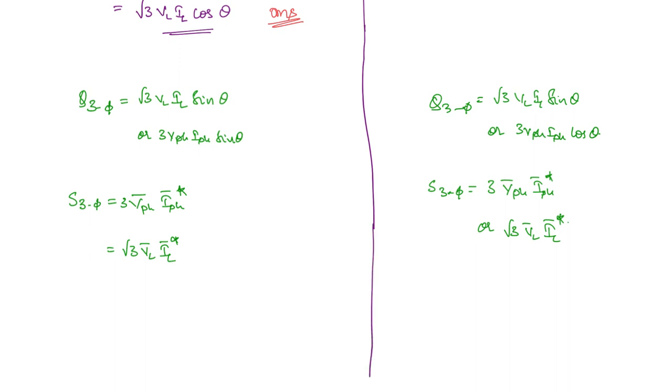And finally the last relation is the single phase powers. The single phase power is equal to the three phase power divided by 3. Similarly the reactive power is also divided by 3, and the single phase complex power is also equal to the three phase power divided by 3. Same thing in the delta connection as well.